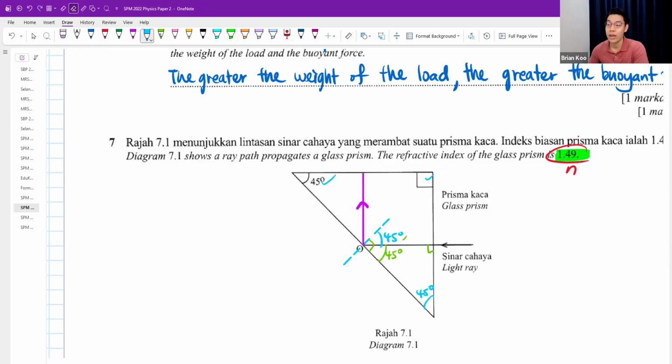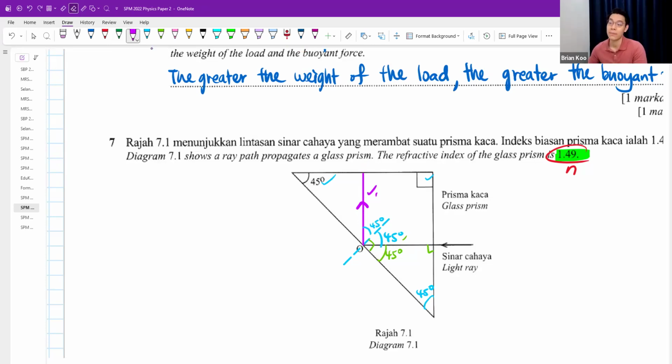And why is it straight up? Because the angle must be the same. You go in at 45, it must also come out at 45. 45 plus 45 means a 90 degree turn, therefore it goes like this. The answer that I want is this purple one only, 1 mark. If you never draw the normal line and everything, that's fine, as long as you understand.